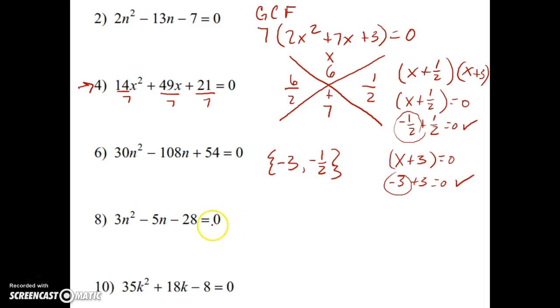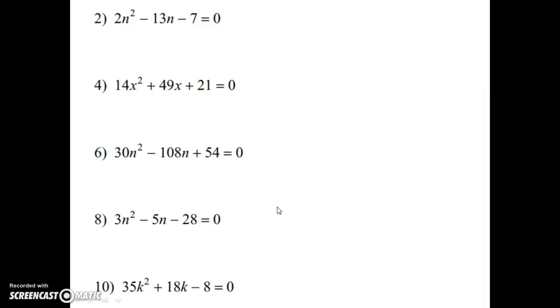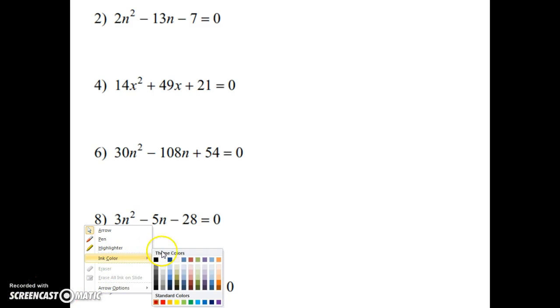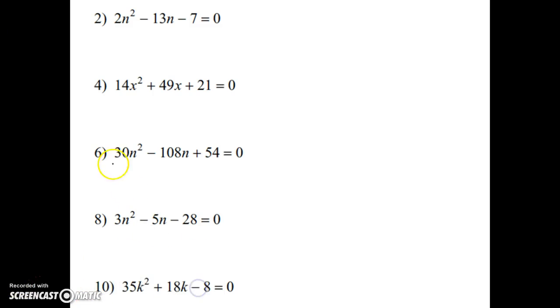Let's do one more just to get you used to what we're doing here. The next one that we're going to do is this 30n squared right here. I'm looking for a factor. Do they have any factors in common? Well, I know that 6 goes in here, and 6 also goes into 54.